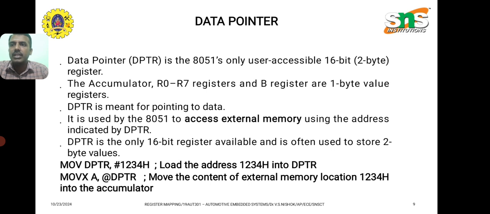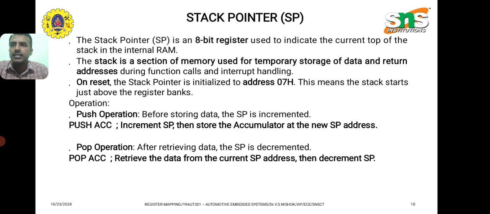DPTR is the only 16-bit register available and is often used to store a 2-byte value. So in order to access the external memory, we will be using the DPTR in our instruction. The example instruction is given at the last, that is MOV DPTR, #1234H. That will load the address 1234H into DPTR.